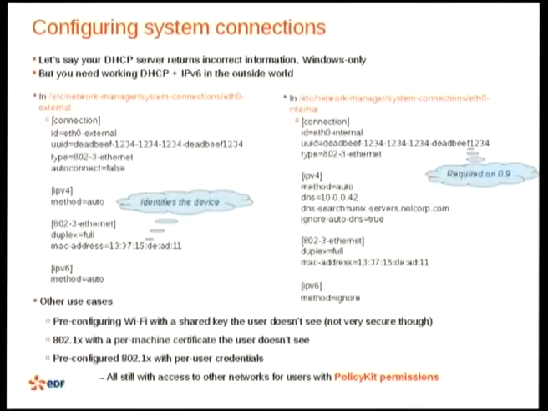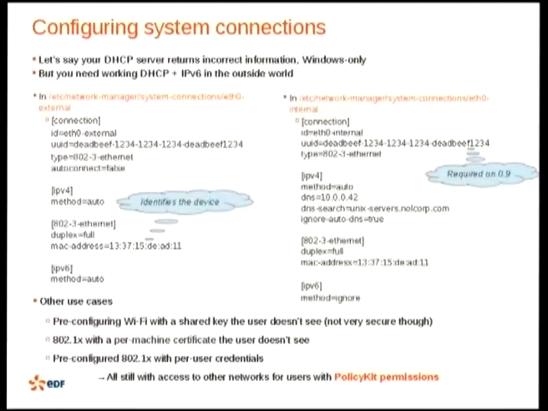Other use cases: you can pre-configure a pre-shared key for the Wi-Fi without the user knowing the key. It is not very useful anyway, but it is more useful than giving the shared key to the users. This way they don't have to remember it. But you can also do 802.1x with a machine certificate.